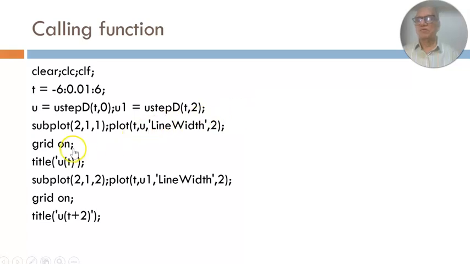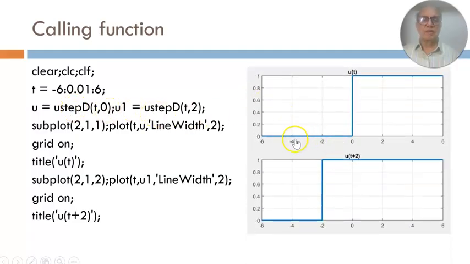And then of course, as usual, you plot the normal unit step function and you also plot the advanced one. You can see this is your normal unit step function plotted over -6 to +6, and this is now advanced by 2. You can see that here it was starting from 0 and here it is starting from -2 seconds. So the whole waveform is shifted to the left, so it's an advance.